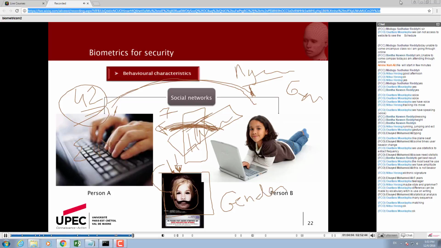And it's very important. So here it's about age estimation, and also we can think about gender estimation. Okay? And the idea is to say if this person is a man or woman. Gender estimation. Can we make the difference just by typing on the keyboard?